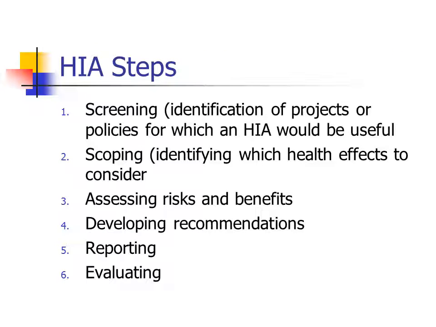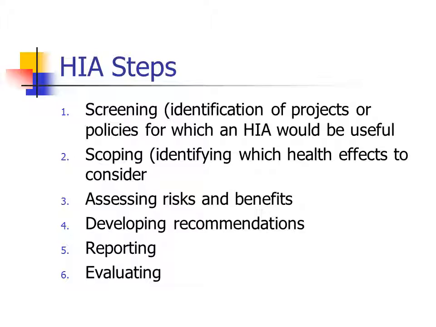So these are the HIA steps. And I think you'll see, again, a flow to this that's not unlike some of the program planning models. Screening, which is the identification of projects or policies for which an HIA would be useful. So we might look at housing, we might look at the built environment, we might look at air quality, water quality, things like that.